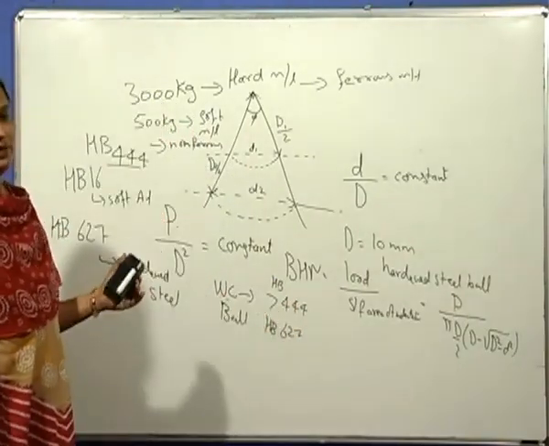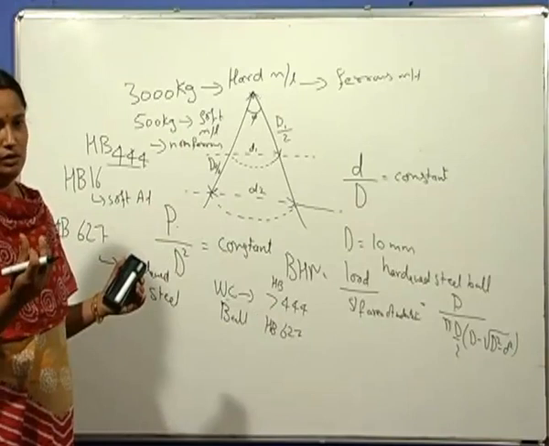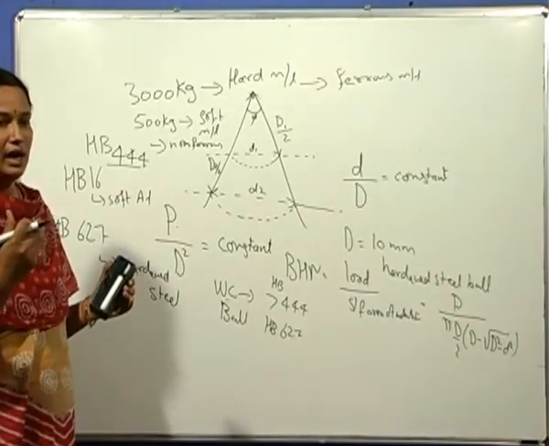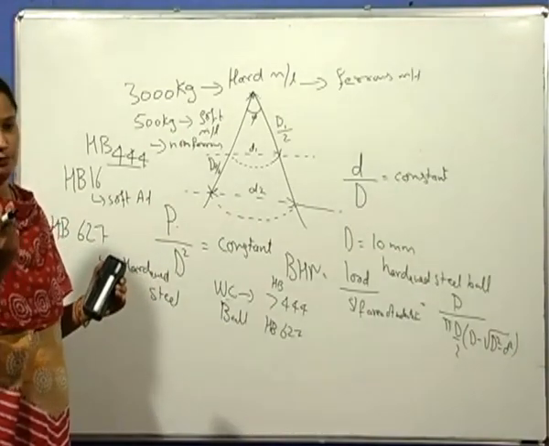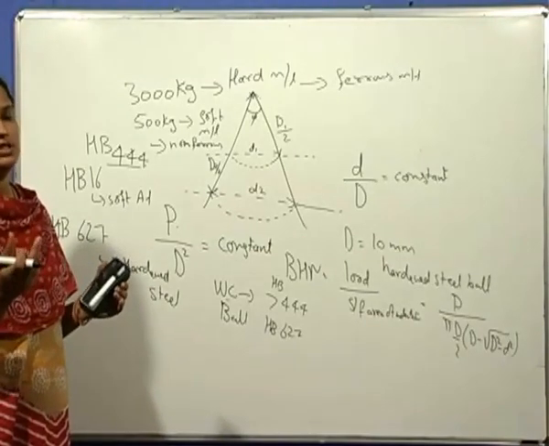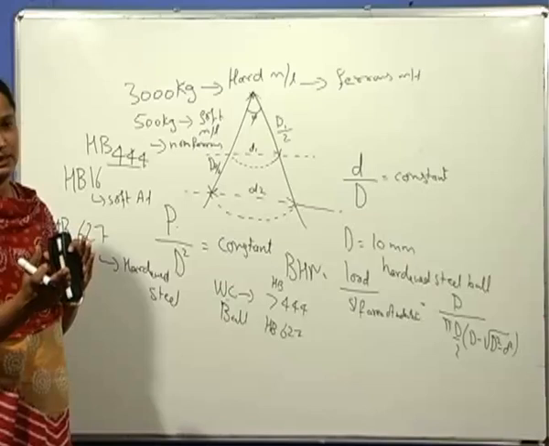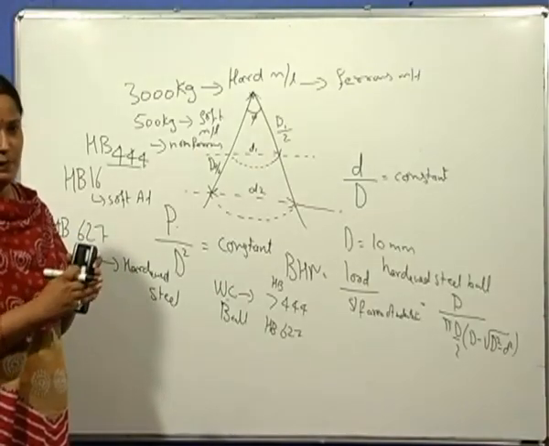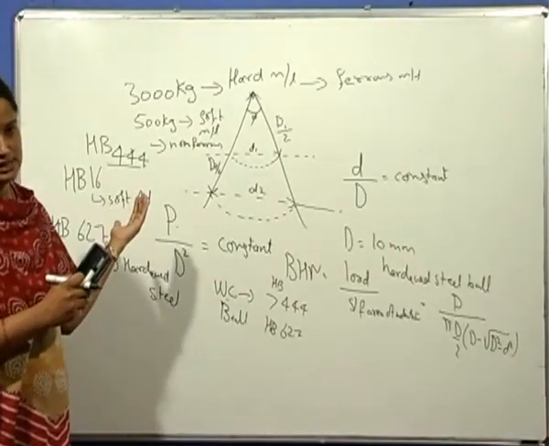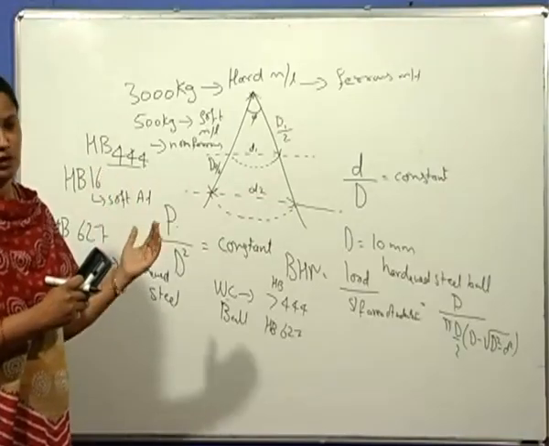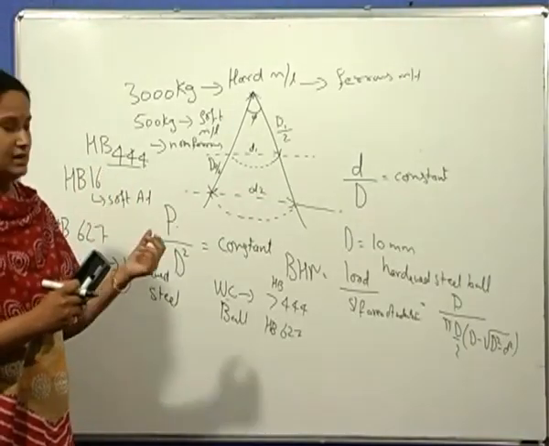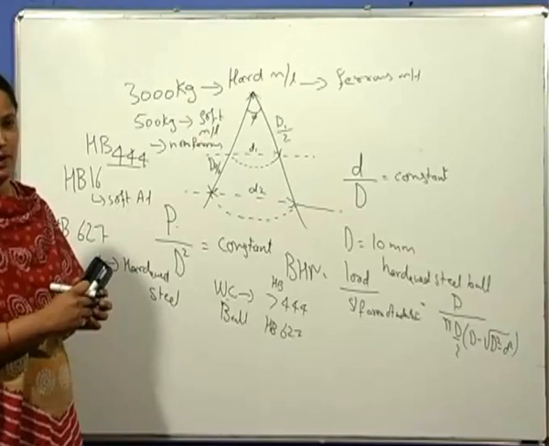So this is the problem we have for the case of steel ball. When testing very hard materials, there is a possibility of flattening and distortion. Because of this flattening and distortion, it gives rise to incorrect hardness values. Thereby, for hardness numbers greater than 444, the indenter is replaced by tungsten carbide.